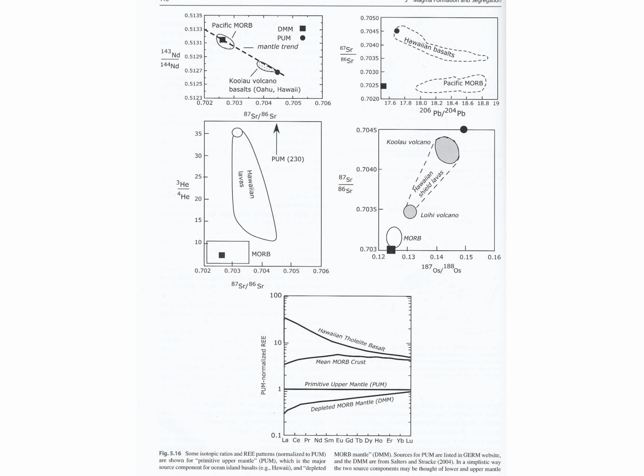And here at the bottom we have a primitive upper mantle normalized rare earth elements diagram. It has been normalized to the primitive upper mantle, and you can see how the different basalts are varying.